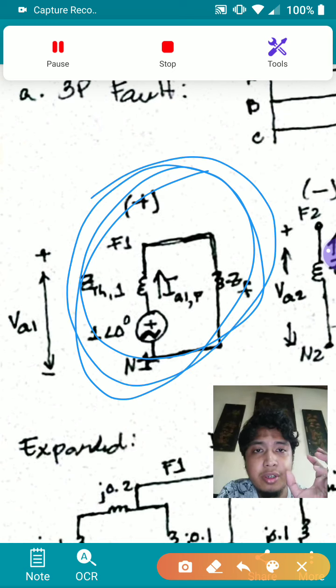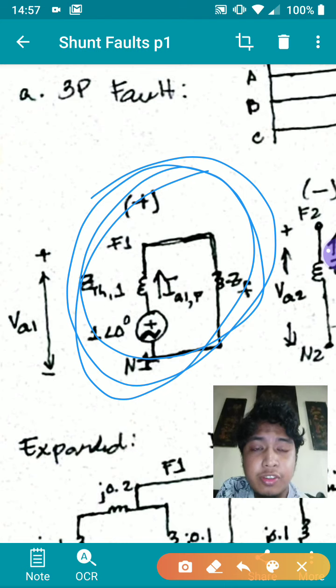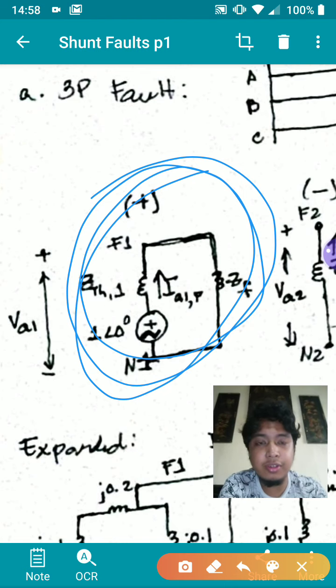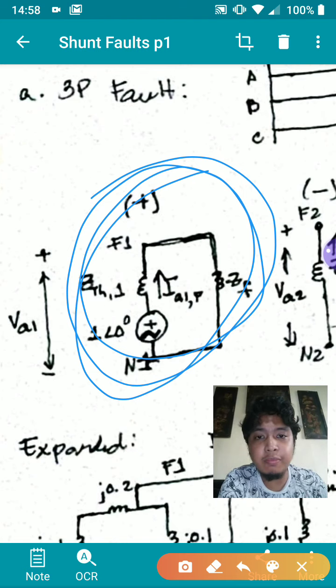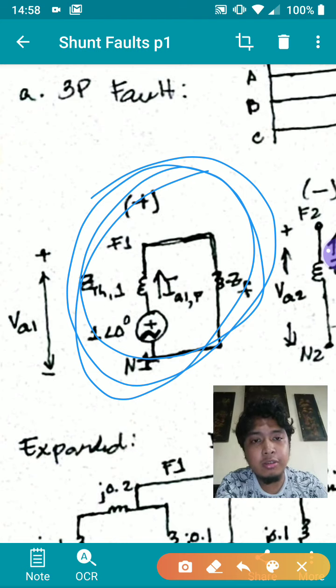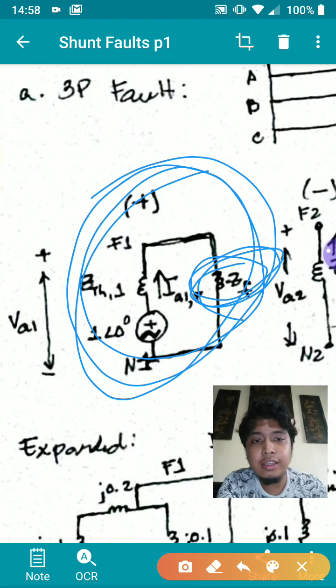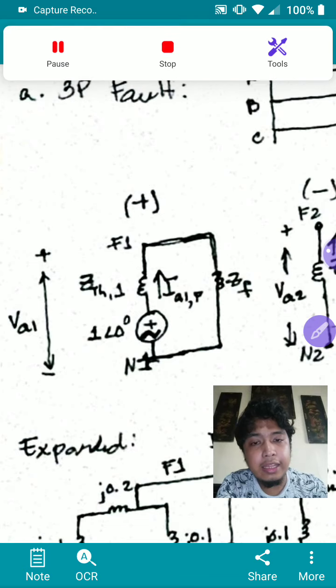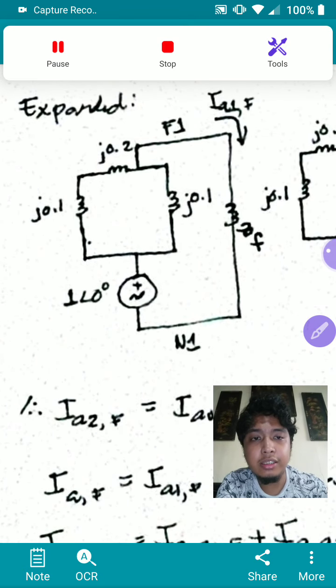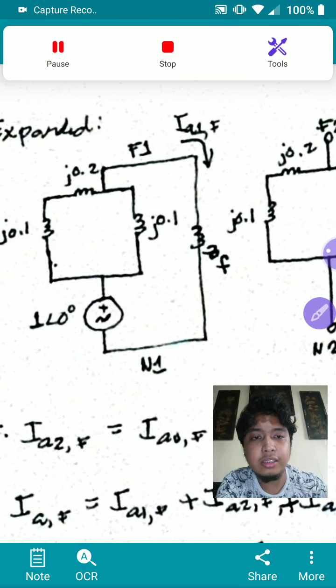Now, if your system is experiencing a fault impedance, if the fault introduced a fault impedance into the system, then you may incorporate that fault impedance here in the network. In the expanded form, that's basically this one.